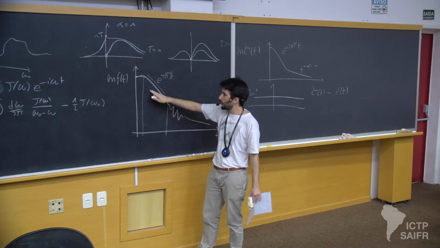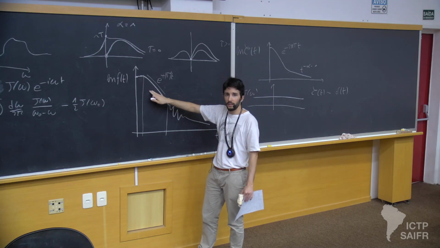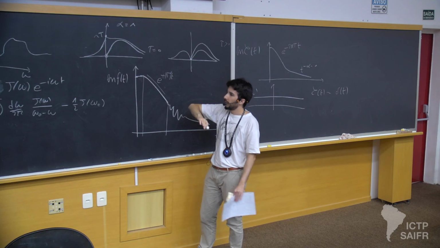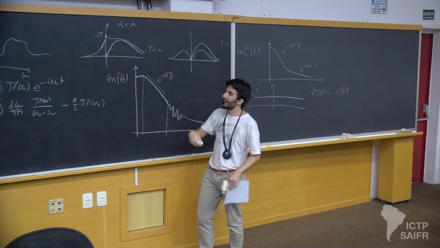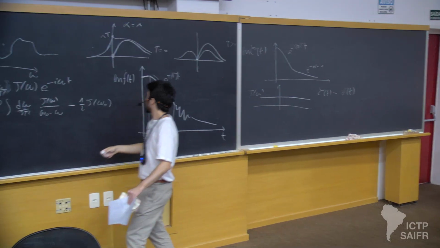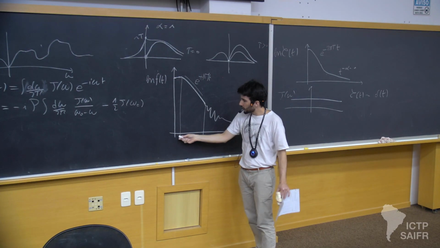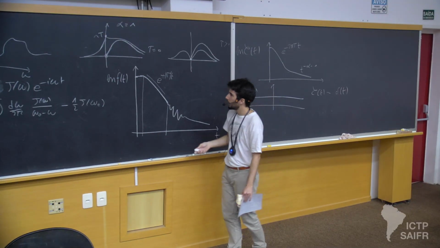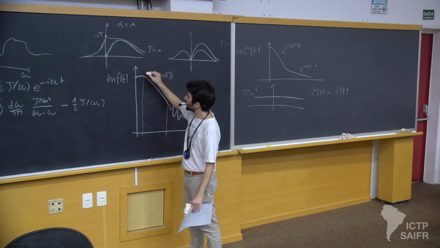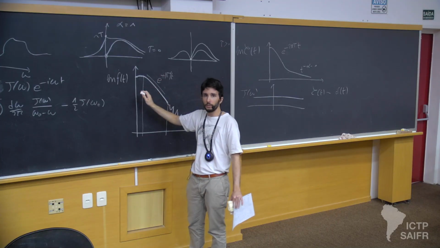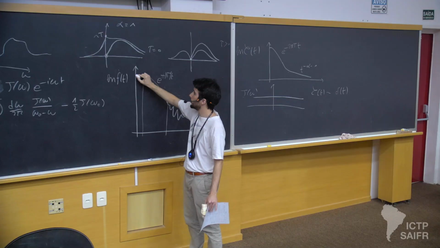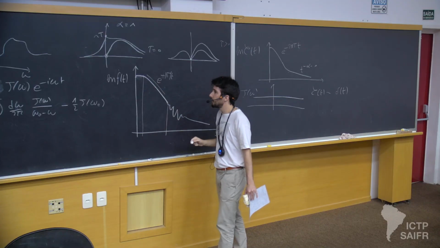This is the region of validity of the Markov approximation, and hence you can expect the Lindblad master equation for this object to be valid, not at very early times, but not even at very late times. At very early times, you have a parabolic behavior, which is the one you also find when you look at the Zeno effect.